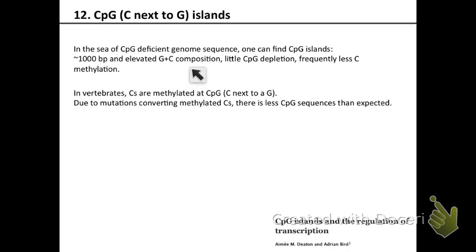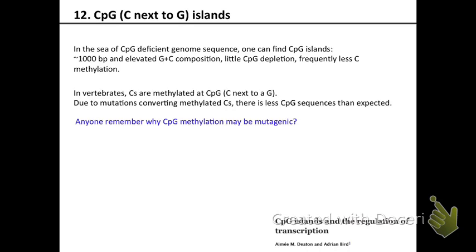You see a lot less C methylation. All right. So why do we have a depletion of these CGs in our genome? Okay, so most of the Cs are methylated, and sometimes this methylation can cause mutations, so that over millions of years, the amount of CG sequences is going to reduce.